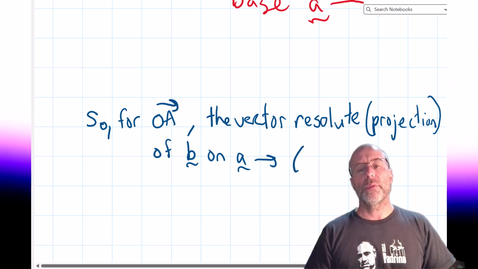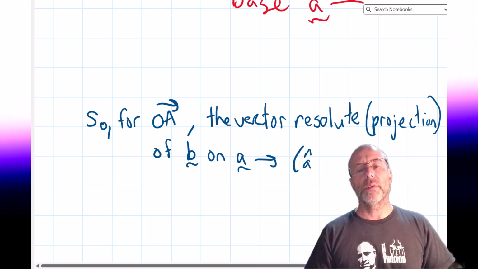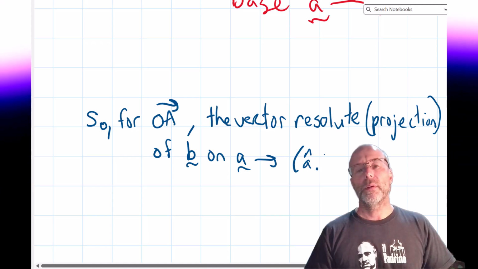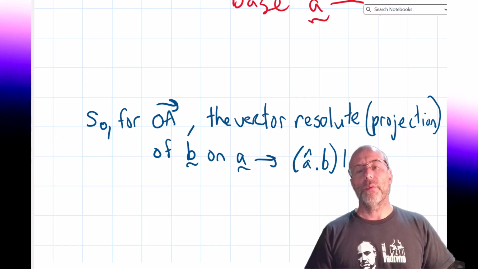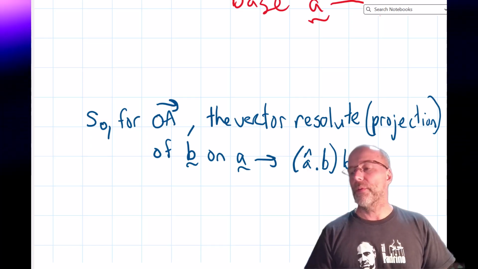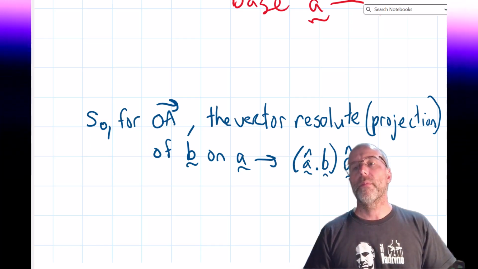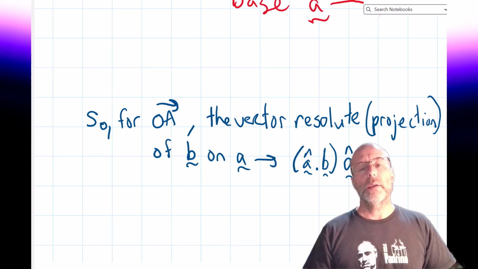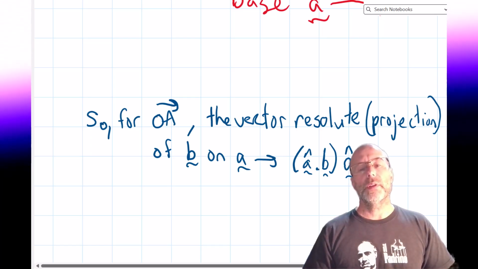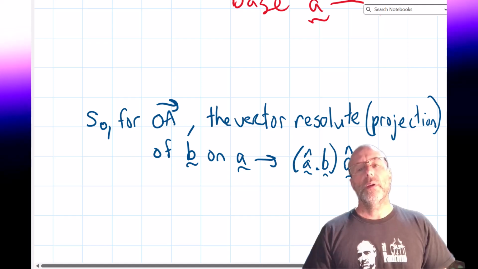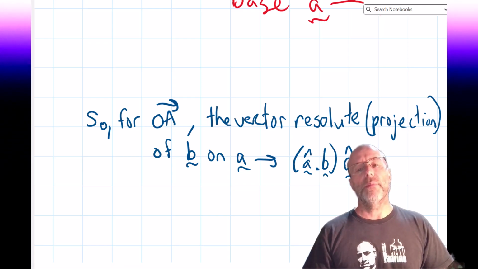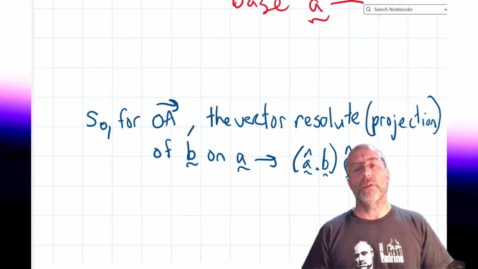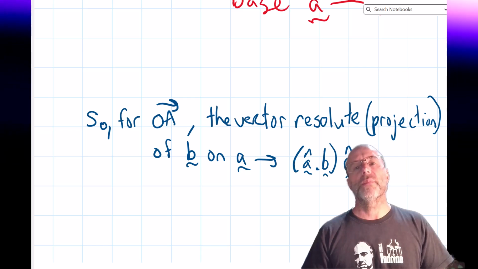Last time with the scalar resolute we got to this, but for the vector resolute we also have the unit vector A. The dot product A dot B gives a scalar quantity, and we then multiply that by the unit vector A.